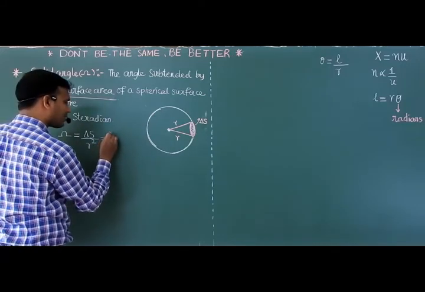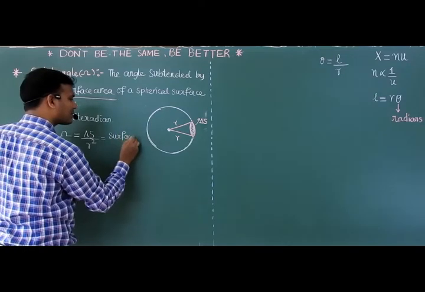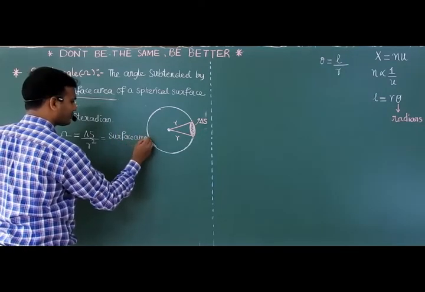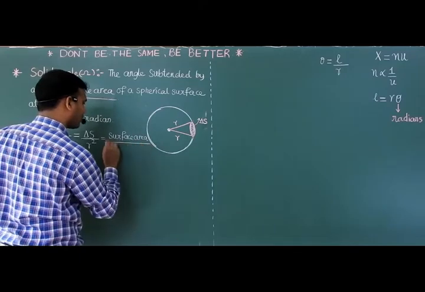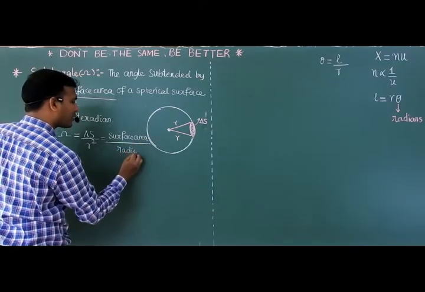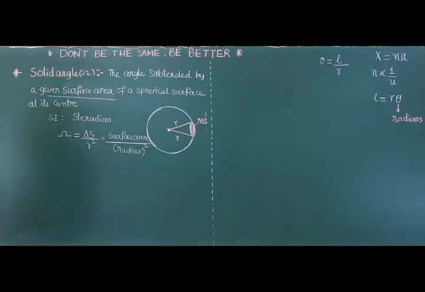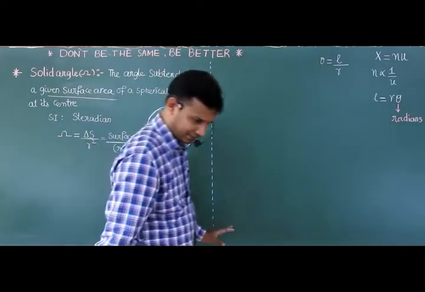This is the surface area upon the square of the radius. This is the formula to find solid angle.